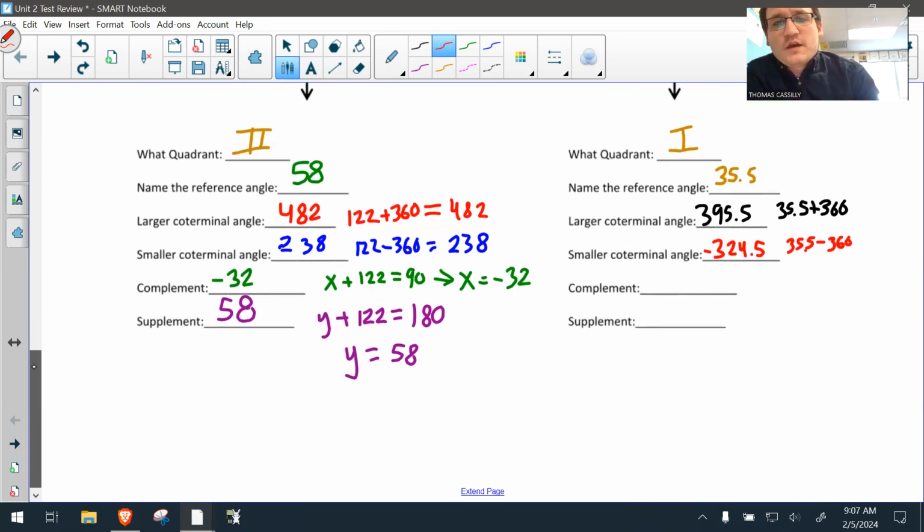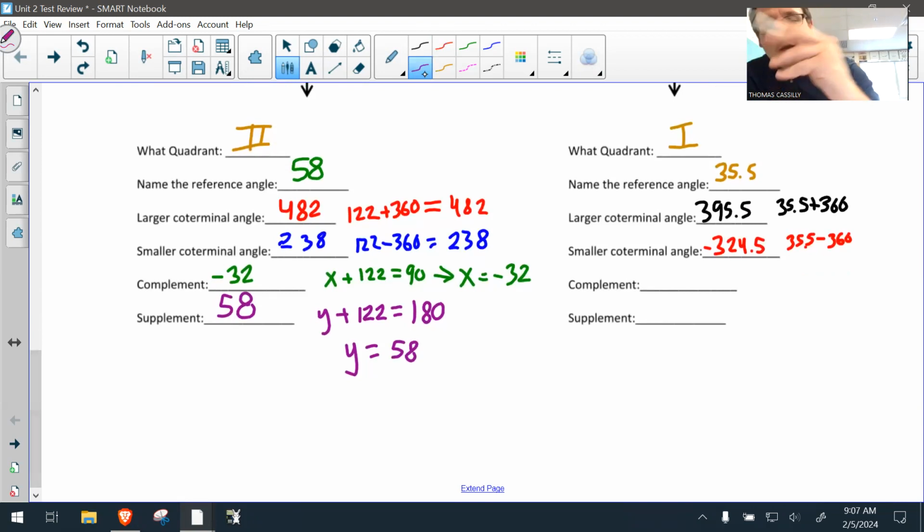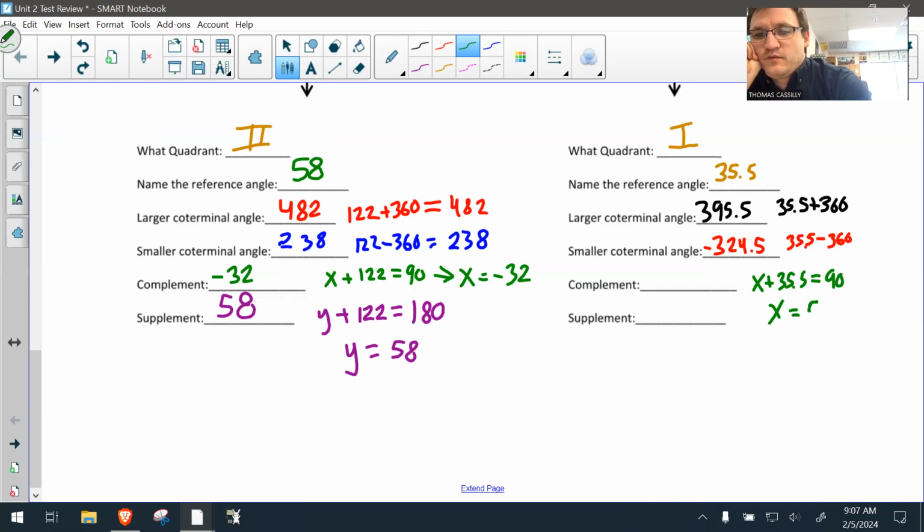All right. Complement. Same process. We'll try to keep my colors the same here. X plus 35.5. Add those together, it equals 90. Solve for X. We're going to have X equals 54.5.